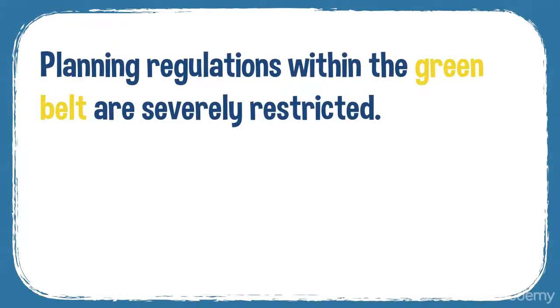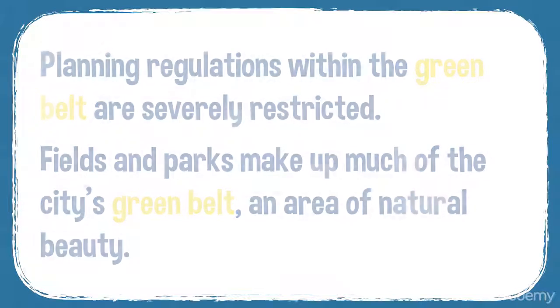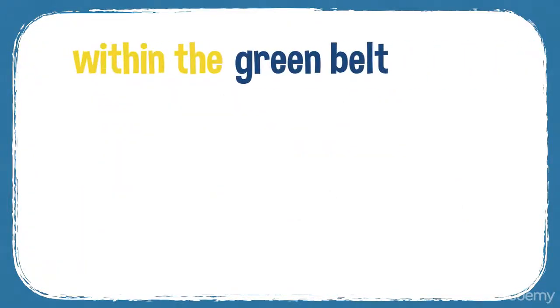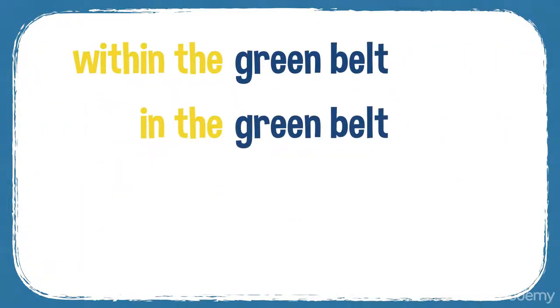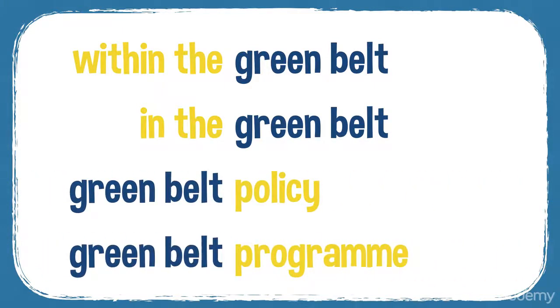So planning regulations within the green belt are severely restricted. Fields and parks make up much of the city's green belt, an area of natural beauty. So we talk about within the green belt, the green belt policy, and a green belt program.